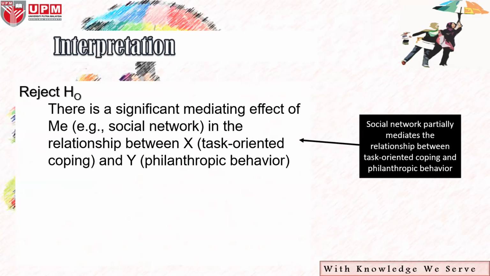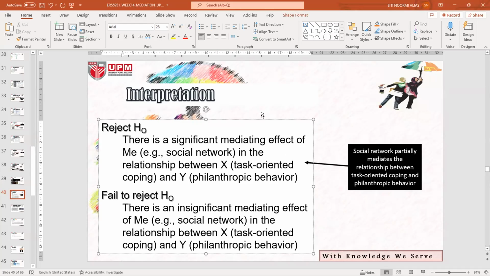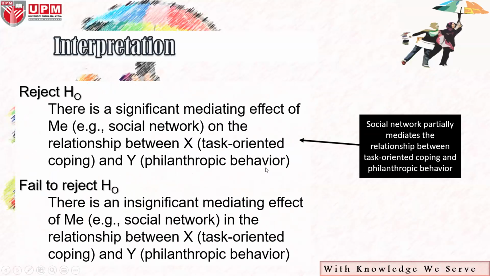So this is the interpretation. We reject the null hypothesis because that indicated there is a significant mediating effect of the mediator, which is social network, on the relationship. Kita tukar. Saya ni terbalik ni, saya tak ubah ni. Okay. Ni kita guna yang ke bawah. Betul lah ni.